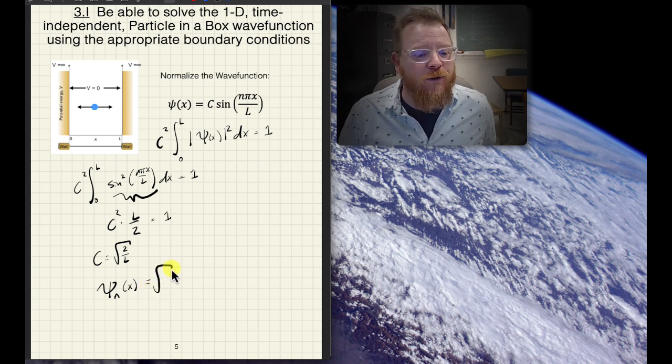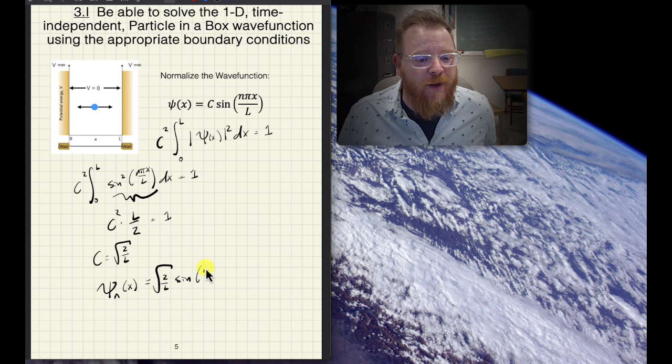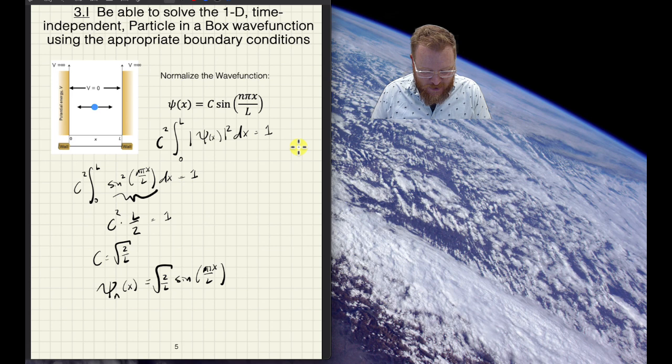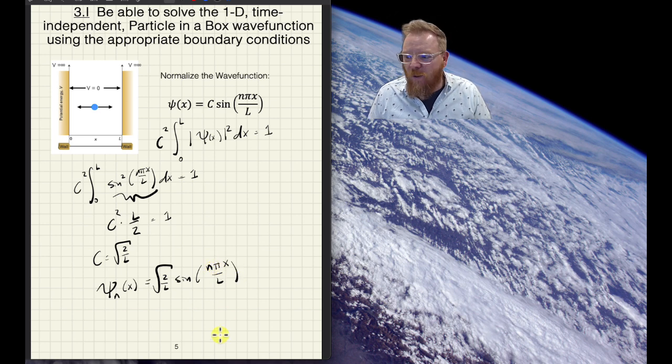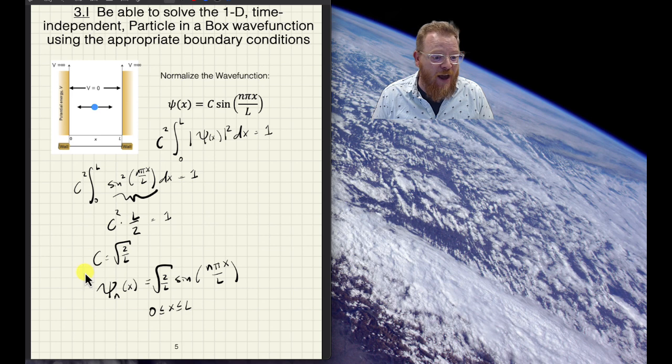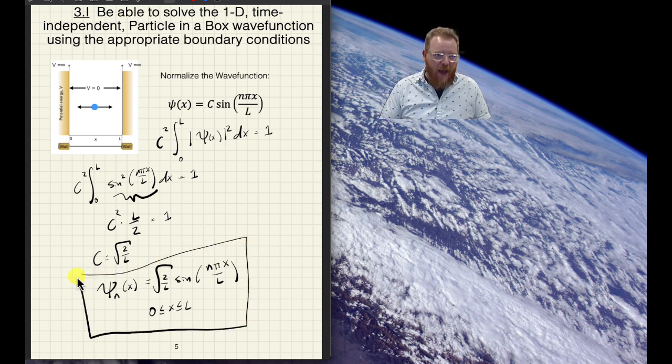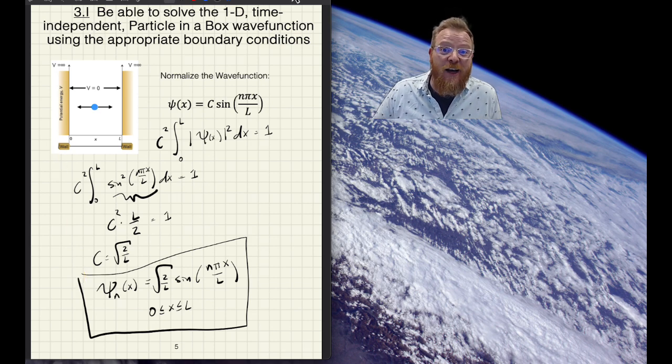And that all equals root 2 over L sine of n pi x over L. And this is only for x between 0 and L, right? Remember, that was our boundary condition. Okay, more on this solution in the coming videos.